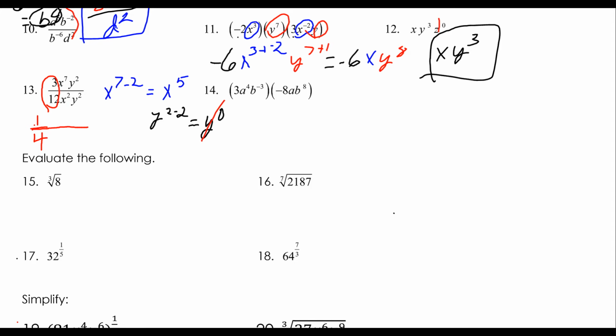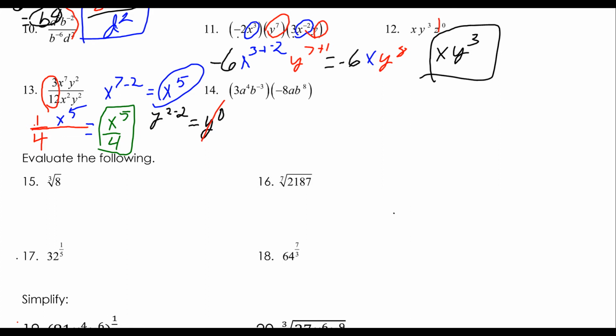And we have this left, which is going to be in the top because that exponent is positive. So if we want to rewrite this and make it look a little bit neater, what we can say is x to the 5th over 4. And that's the final answer right there.